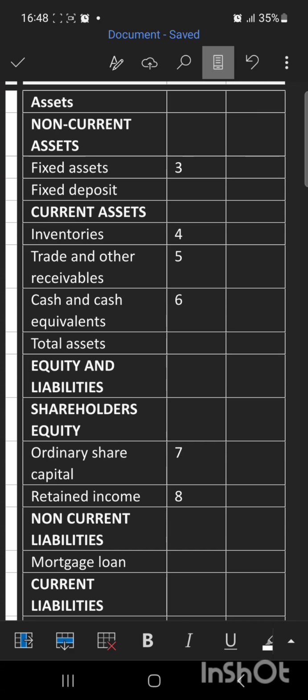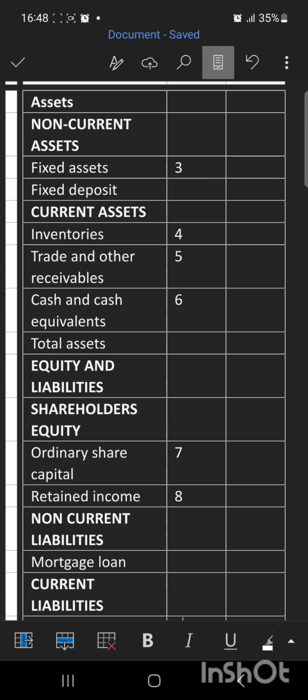What we are going to do is record our asset at cost less aggregate or accumulated depreciation. So we are recording them at the carrying value on the balance sheet.